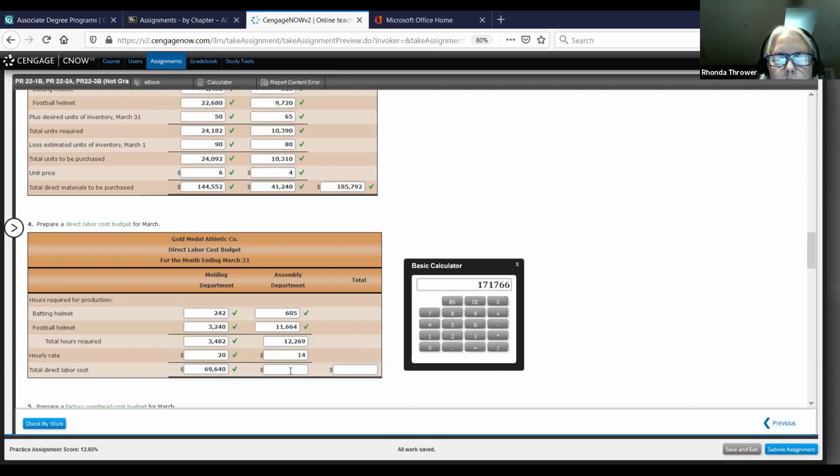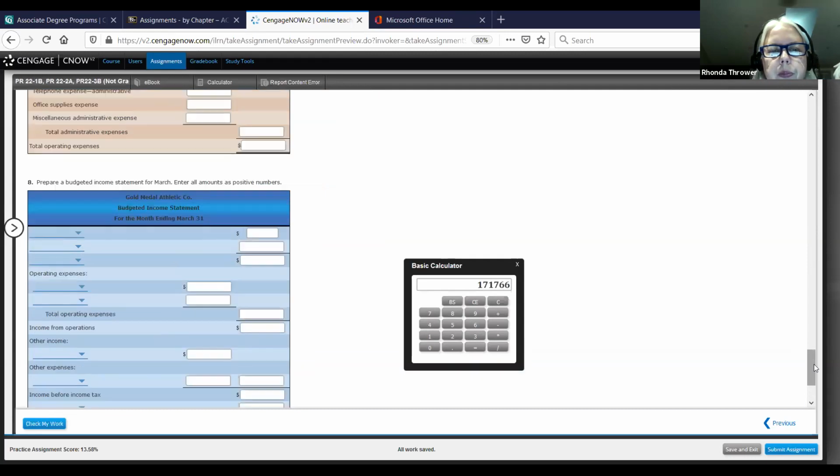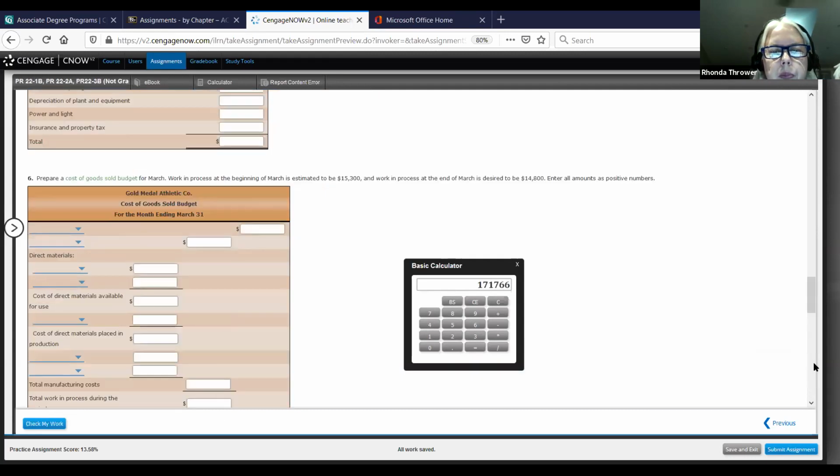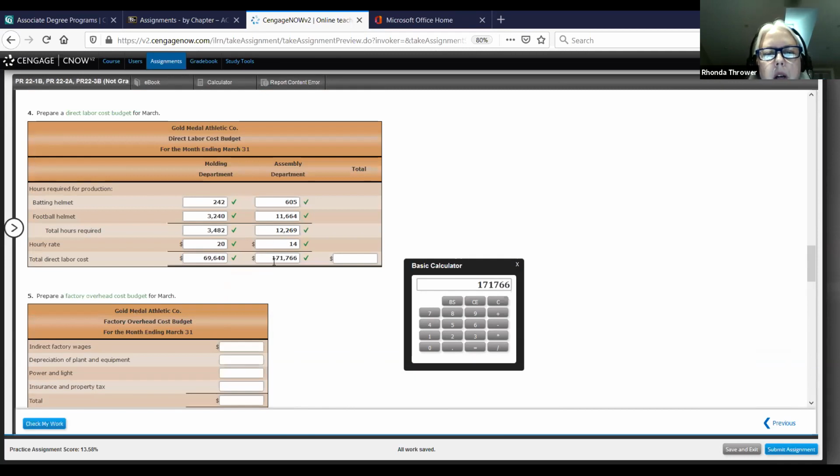And that's going to give me 171,766. And to find the total direct labor cost, we're going to add the assembly department's labor to the molding department's labor. And that's going to give us 241,406.